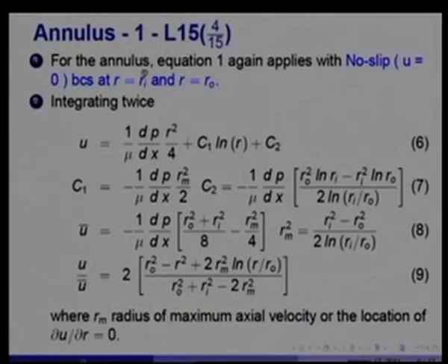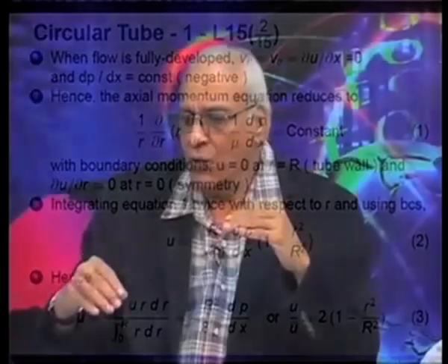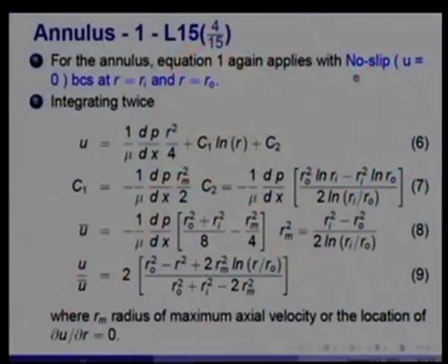For the fully developed flow in an annulus, equation 1 will again remain as it is, no difference there, because again V_r and V_theta are 0 and the axial derivative of velocity is 0. But the boundary conditions now will be u equal to 0 at r equal to the inner radius and u equal to 0 at r equal to the outer radius, and that is what is mentioned here, the no-slip boundary conditions at r equal to r_I and r equal to r_O.